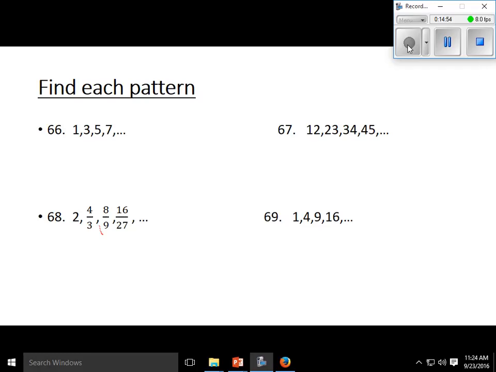Somebody be doing the others, so when I call on you, you're ready to go up there. Does everybody agree with that? 66 and 67, what was the pattern there?